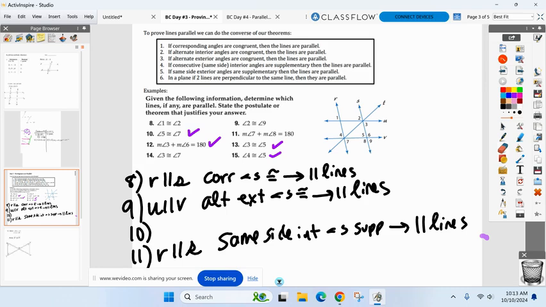Is it alternate exterior or alternate interior? Same side, interior. So like, I mean, alternate interior. So that proves interior. Alternate interior. I put in exterior, but I'm second guessing myself.